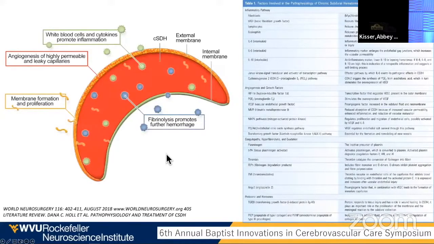And if you look at the inflammatory mediators that are involved, these are the typical host of inflammatory mediators as we see in any response to inflammation: interleukins, vascular endothelial growth factors, etc. And it is the interaction of these repeated inflammatory processes in cascade that leads to the development of these chronic subdural hematoma membranes that act as a nidus for repeat bleeding and further inflammation.